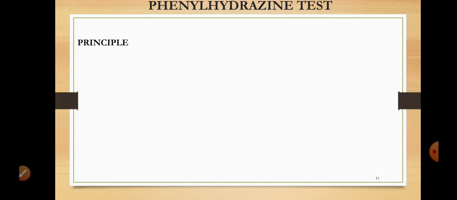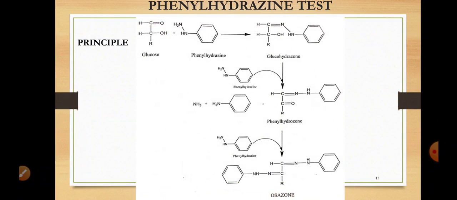The major mixture here we refer to as the Osazone mixture. This is prepared by mixing 1 part by weight of phenylhydrazine hydrochloride and 2 parts by weight of sodium acetate, plus glacial acetic acid is added.